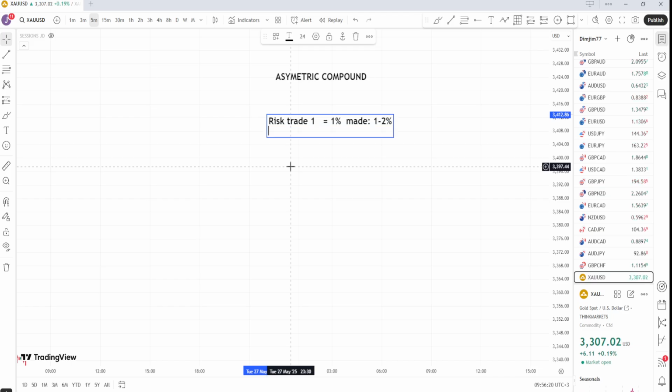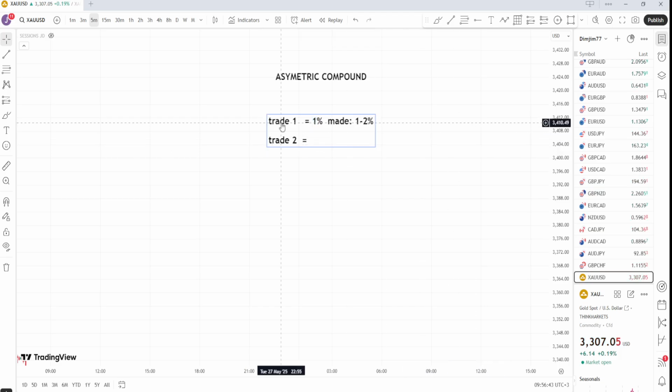Now, trade 2. What you do is you risk what you made plus the initial 1%. So let's say you had 100%, you risk 1%.